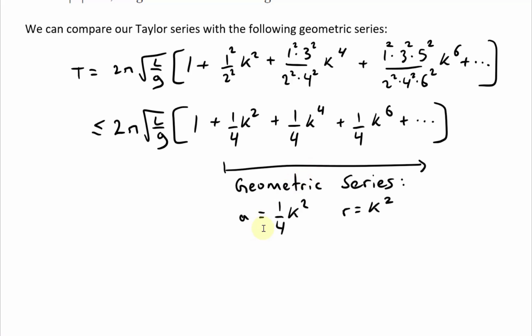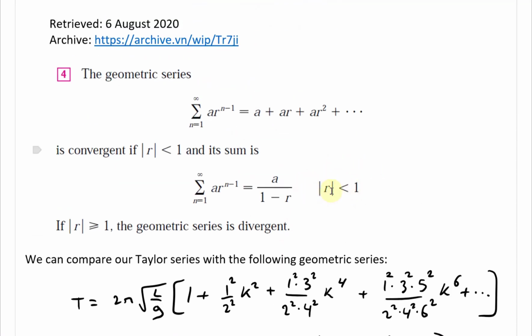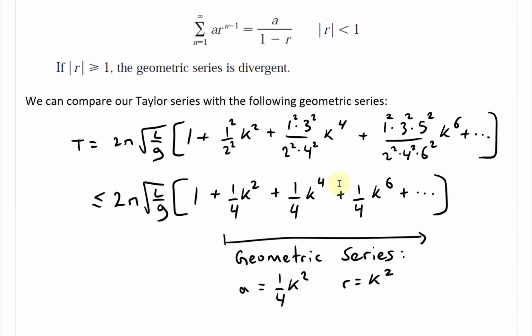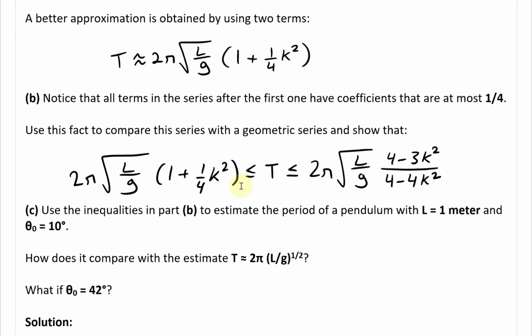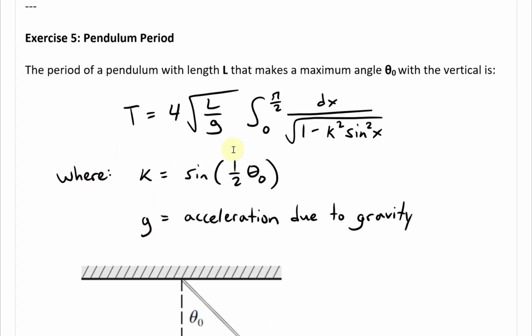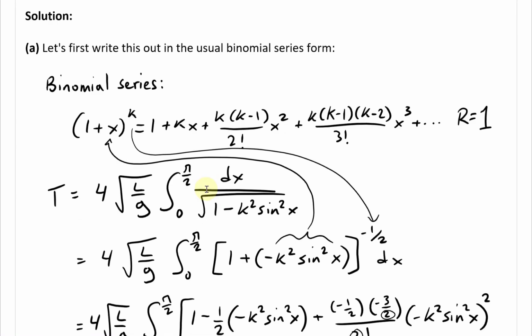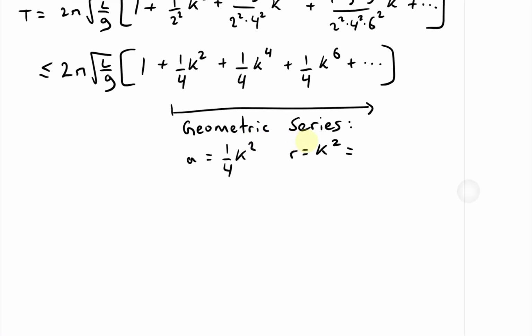Also note that we have to make sure the absolute value of r is less than 1 to make sure it's convergent. This is equal to what we were given all the way up above in the earlier part. Let's scroll up here: k is equal to sine of 1/2 theta naught. So r equals sine squared of 1/2 theta naught, because we were squaring it.